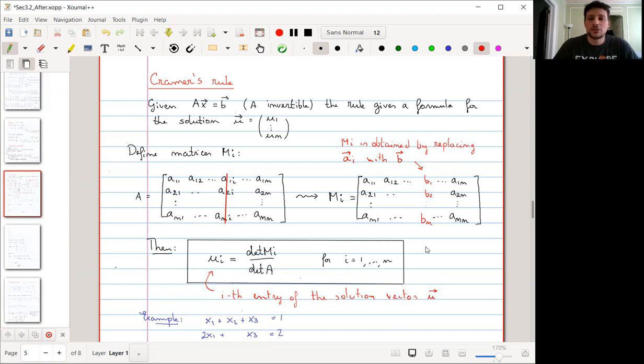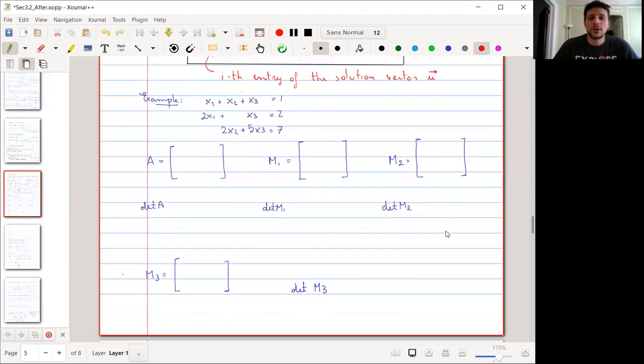Let's have a look at an application of this formula to the following linear system. Well, from the linear system, we start by setting up what the matrices are that are involved. This is 0, 2, 5. To compute the entries of the solution, we will need to find and compute the determinants of matrices M1, M2, and M3. Maybe I'll just write them down, and then we can compute determinants.